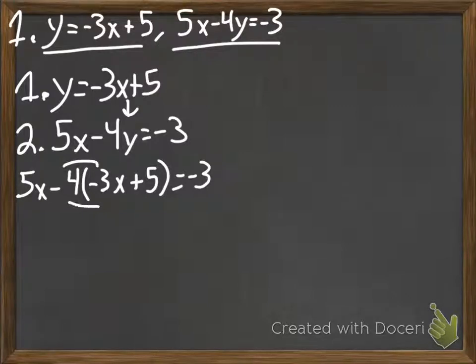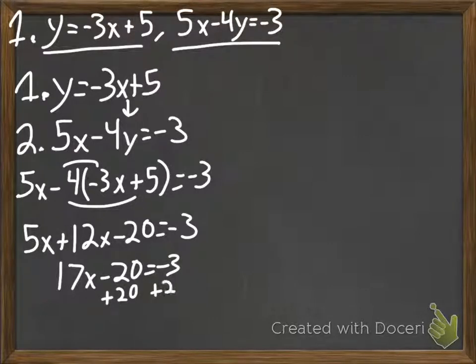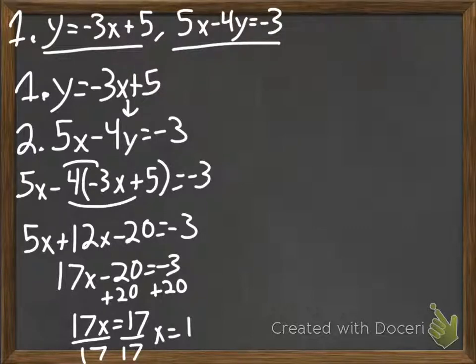So I distribute, so we get 5x, two negatives make a positive, minus 20 equals negative 3. Combine like terms. So we get 17x equals 17. Divide by 17, so we get that x equals 1.